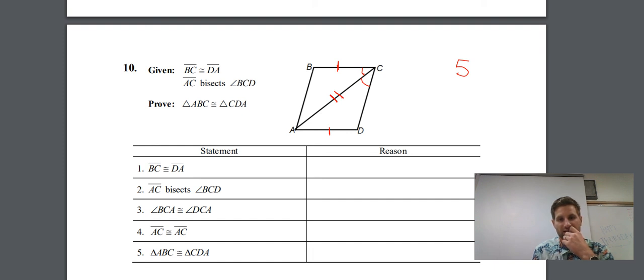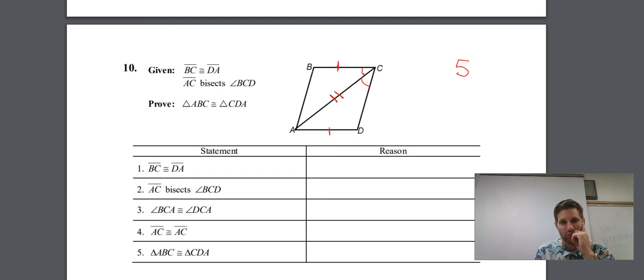So what can we do here? So I see in this picture up here we have side, angle, side, right? BC, angle, side. And then over here we have side, angle, side. So that's not going to work.